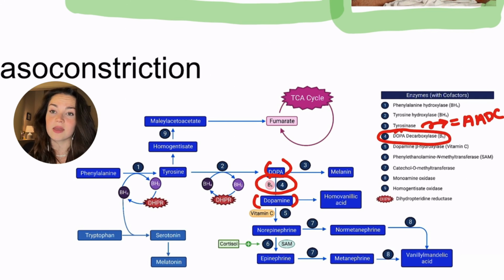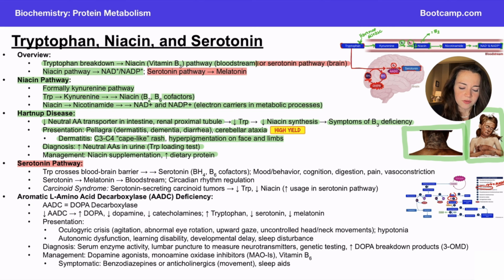It just has another name, and I don't know why. So tryptophan crossed the blood-brain barrier, and through a series of reactions turned into serotonin, those reactions requiring tetrahydrobiopterin, or BH4, as well as vitamin B6 as cofactors. And that second step was mediated by AADC, which stood for aromatic L-amino acid decarboxylase.